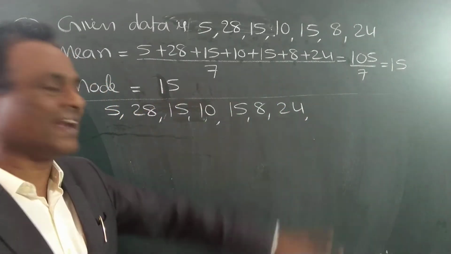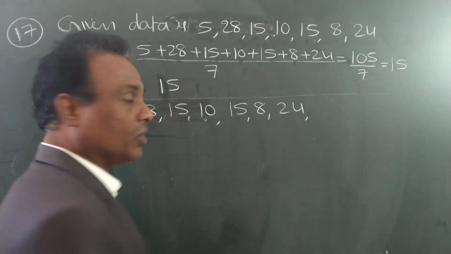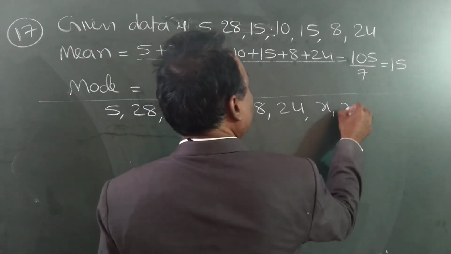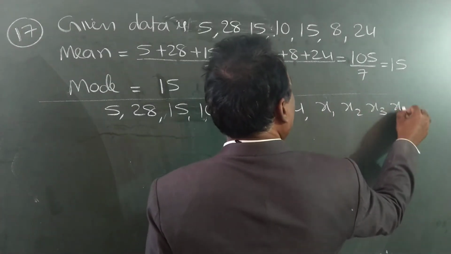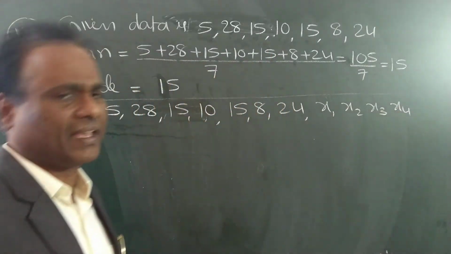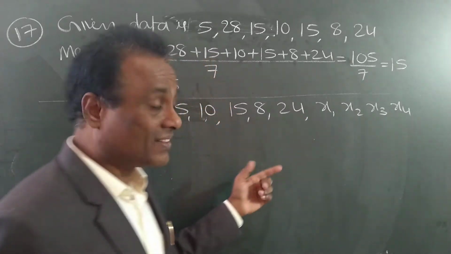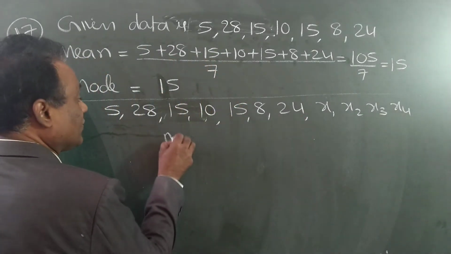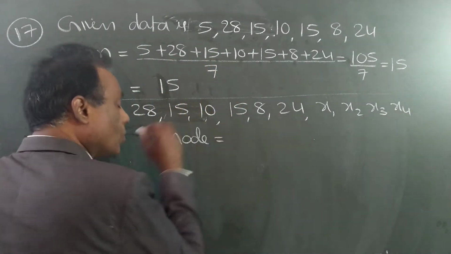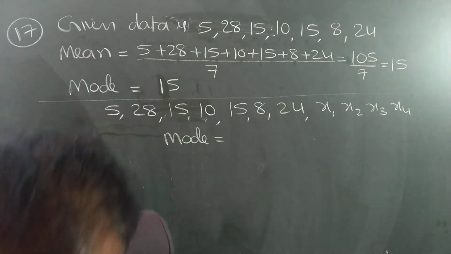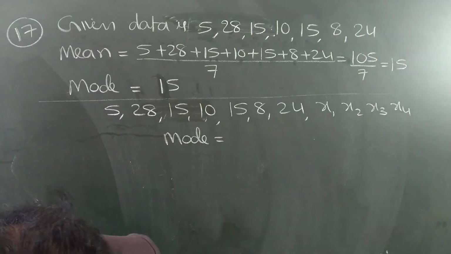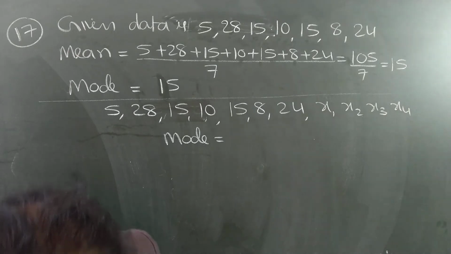Suppose the 4 numbers are x1, x2, x3, x4. For example, 4 numbers are like this. The mode of this data is given as, students see, mode is increased by 1.